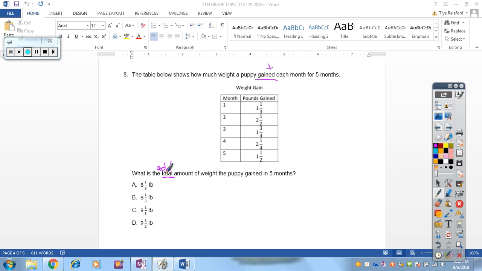Or you can change them all to common denominators right away. I see 2 common denominators here. So I'm going to add those 2 up first. 2 and 1/2 plus 1 and 1/2. Because I don't have to mess with it. Common denominator is done. I'm going to write it vertically.